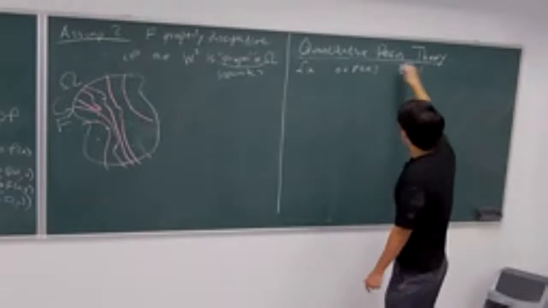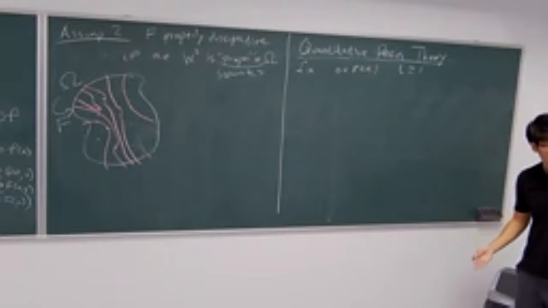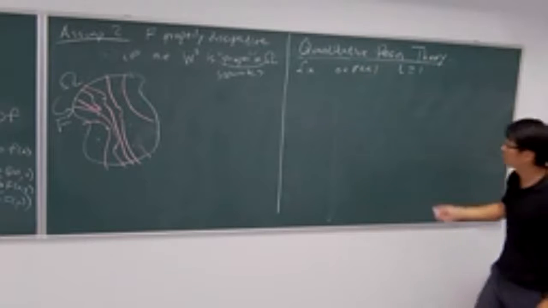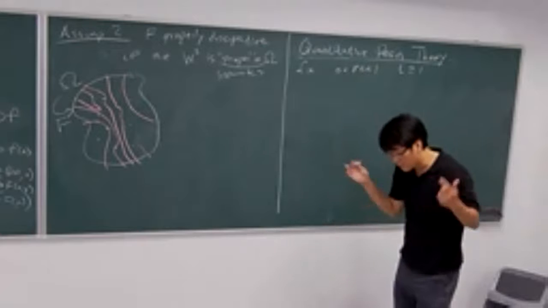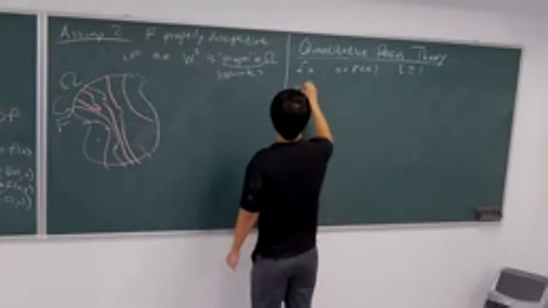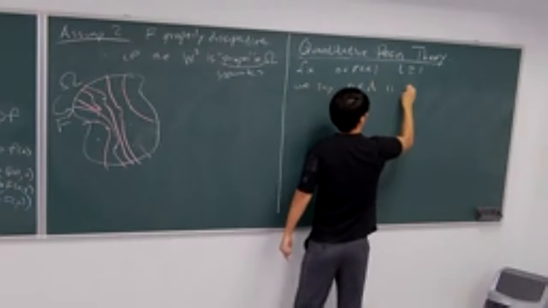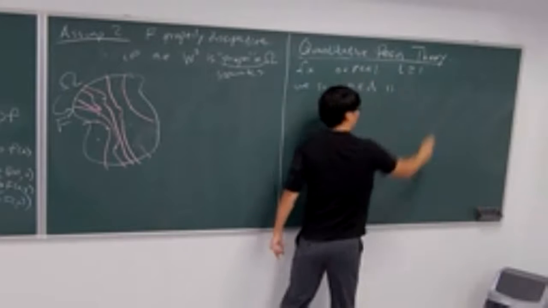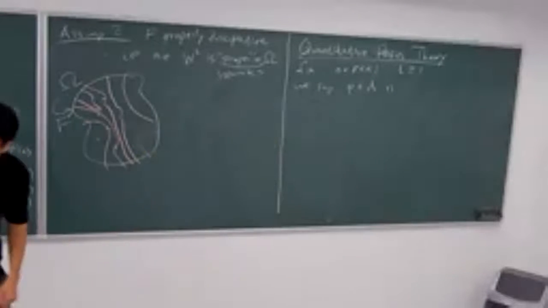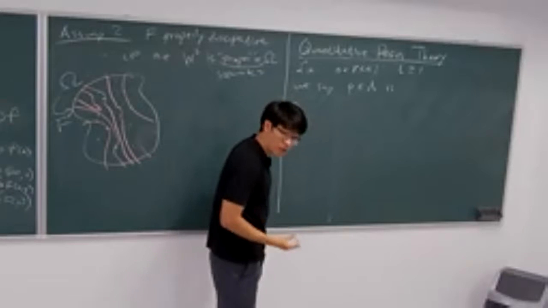Quantitative Pesin theory tries to tell you what nice behavior of the map is. A point behaving nicely we call a regular point. So we say P inside lambda is regular, and we're going to define three different types of regularity. The first regularity is what I'll call forward regularity.